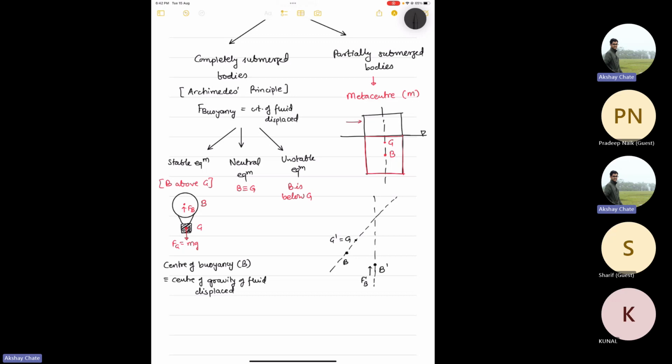We draw two lines here, the lines passing through G and B dash, and wherever they intersect, that is your metacenter point. So like that you can understand the metacentric height. This GM is what we call the metacentric height.